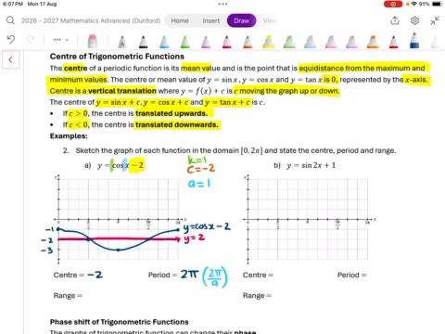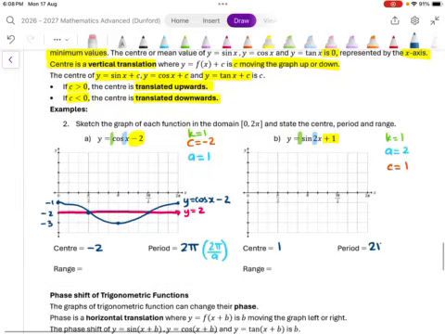So we've shifted our graph down 2 units. Our range was minus 1 to 1 originally, but we've moved that down, so our range is now minus 3 to minus 1. Now our next one: y equals sine 2x plus 1. We have our k value equal to 1, our a value equal to 2, and our center equal to 1.